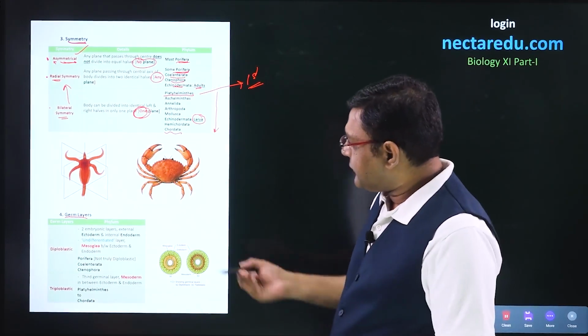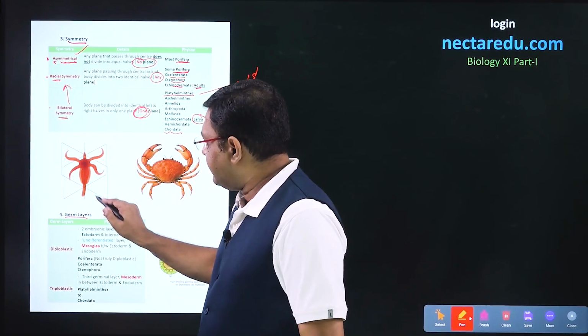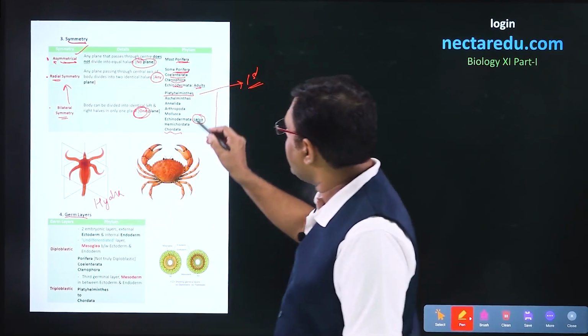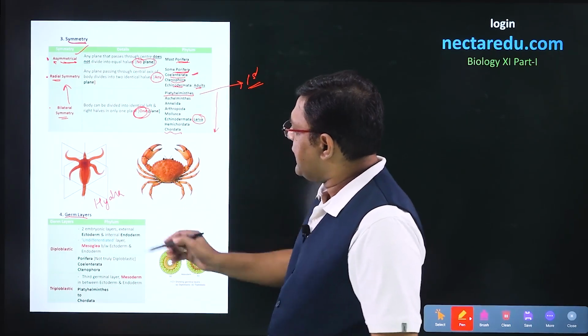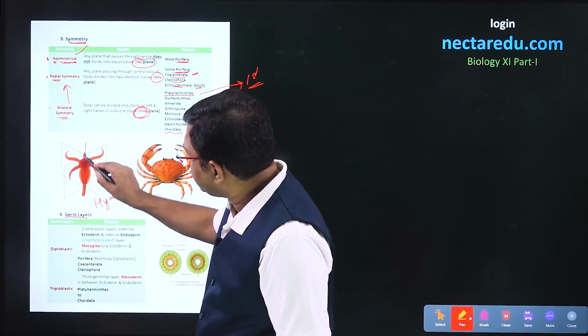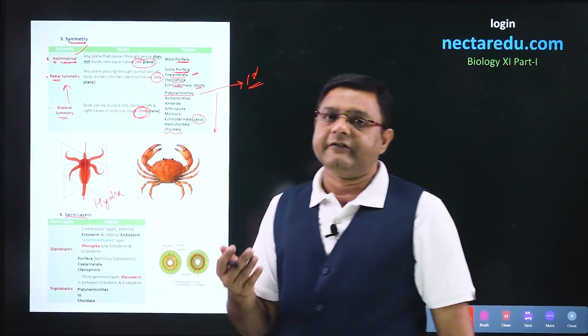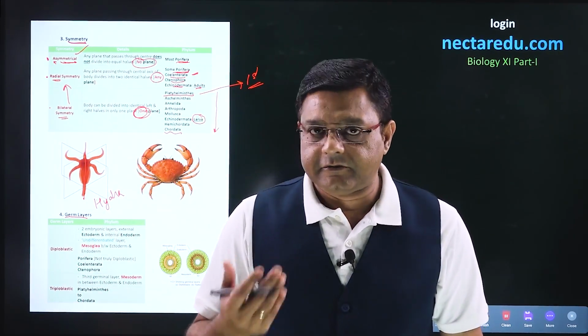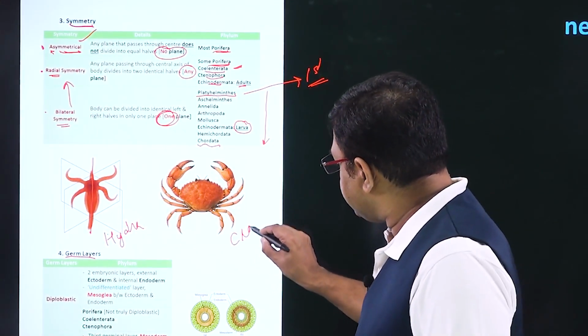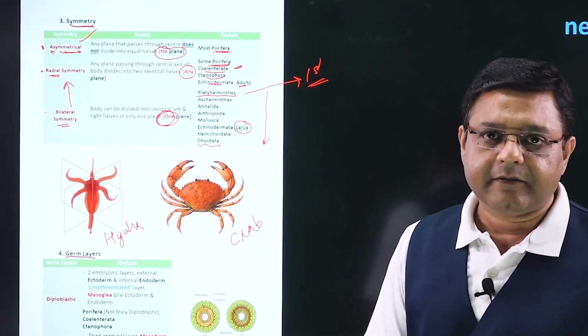Looking into the diagrams, in this particular diagram, Hydra is shown. Hydra is a member of Coelenterata. In the case of Hydra, any plane which passes through the center can divide it into two equal halves. Now, in the second diagram, we can see a crab.